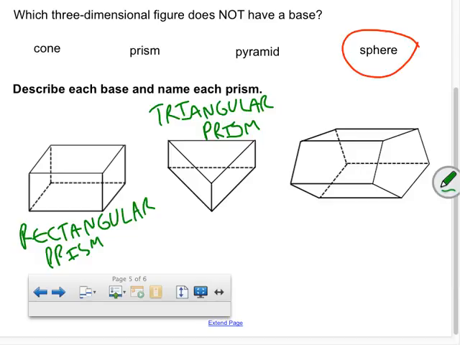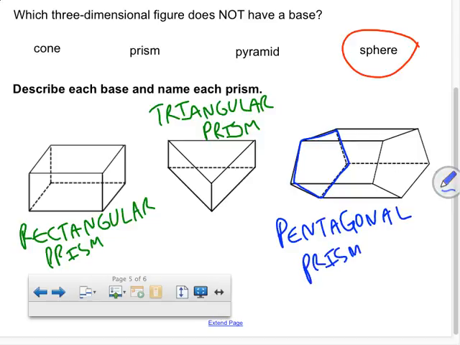Unisa, thank you. A pentagonal prism. Right. So if you look, this would be my base, and there are 5 sides. That means it's a pentagon. These bases are parallel to each other, so it is a pentagonal prism. Okay? And that is it for my lesson today.